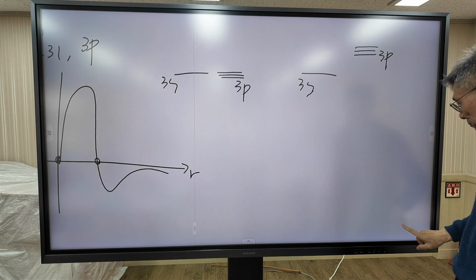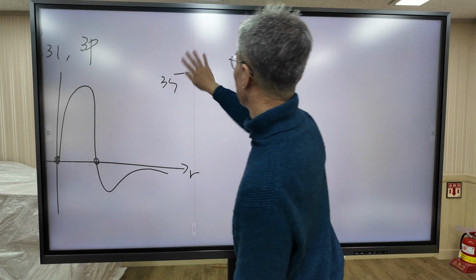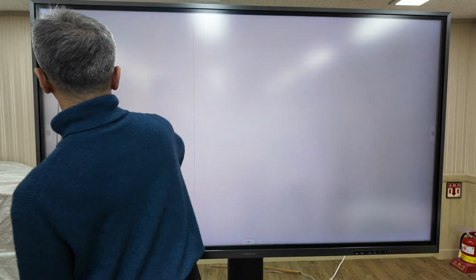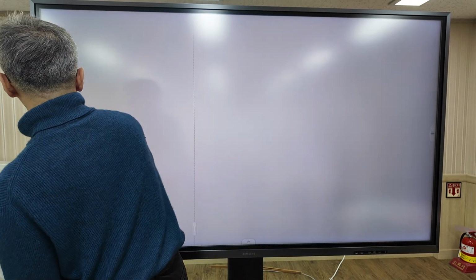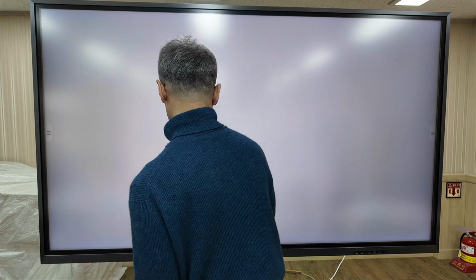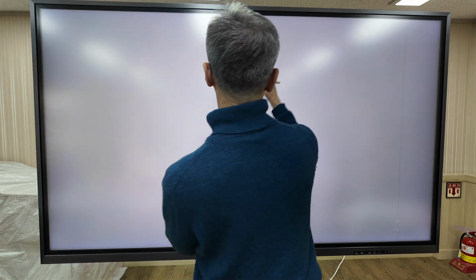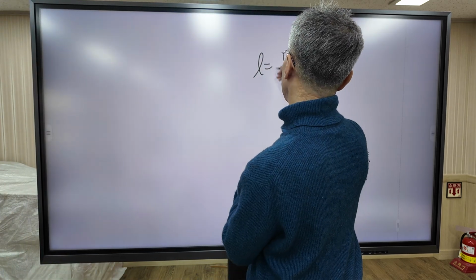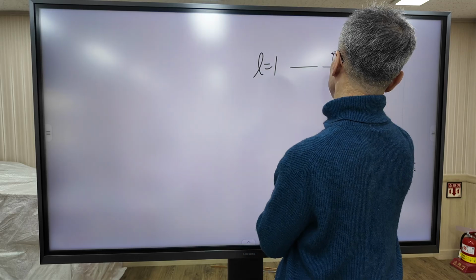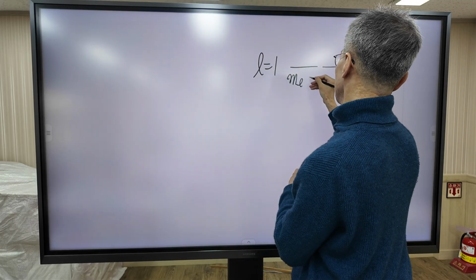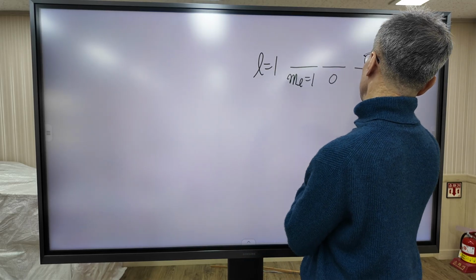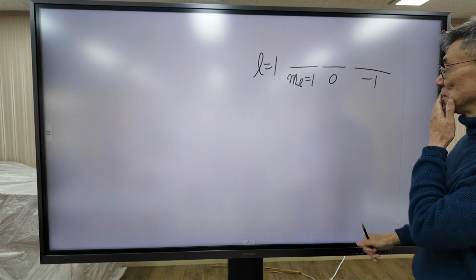Now, for L equal 1 orbital, we have 3 orbitals: ml equals 1, 0, minus 1.